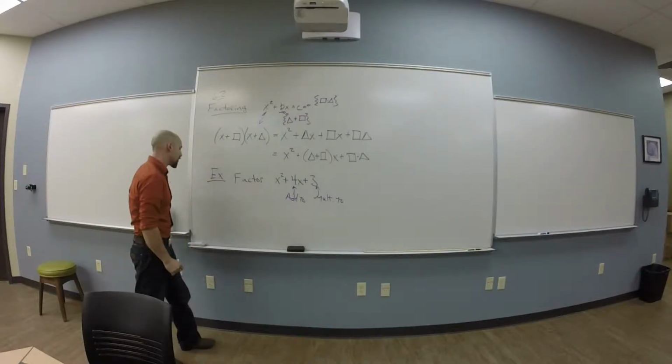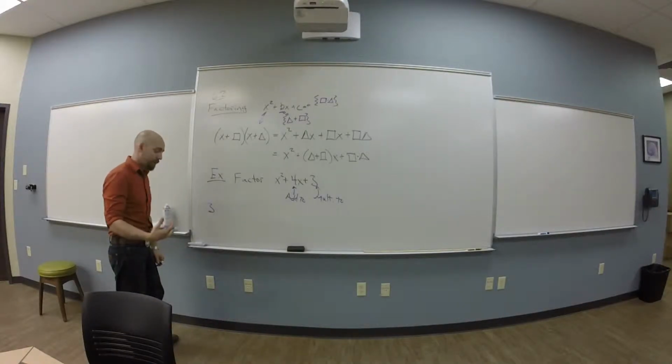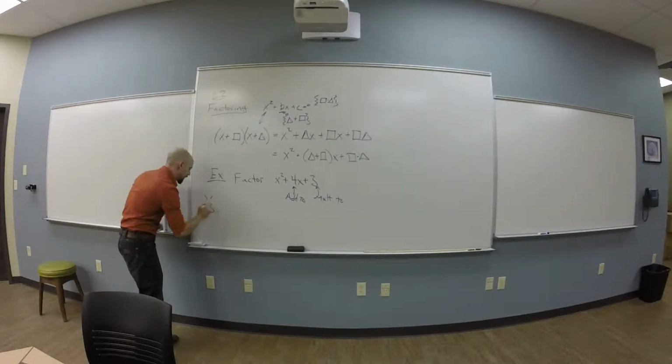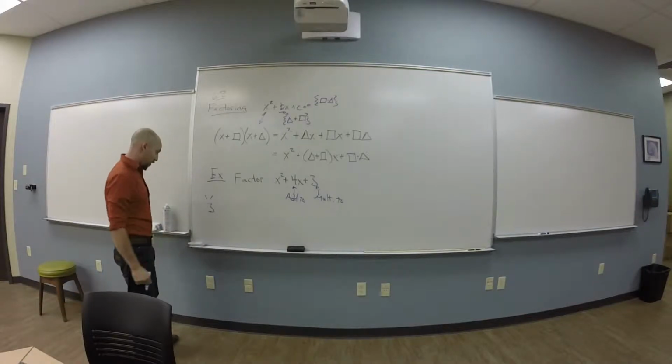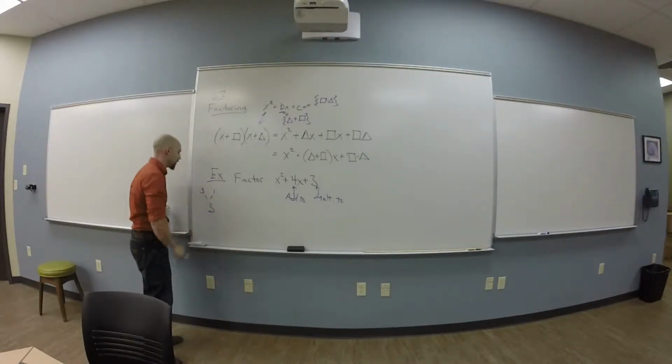What things can I multiply together to get 3? There's only one way to multiply integers to get 3, that's 3 times 1.